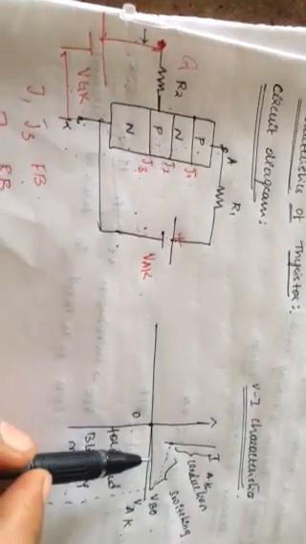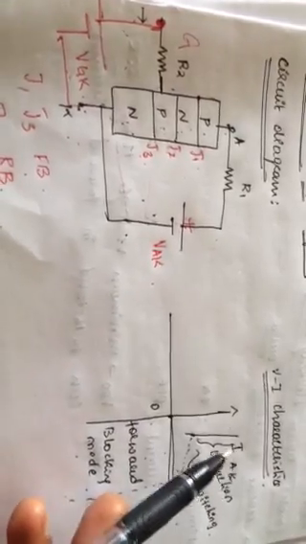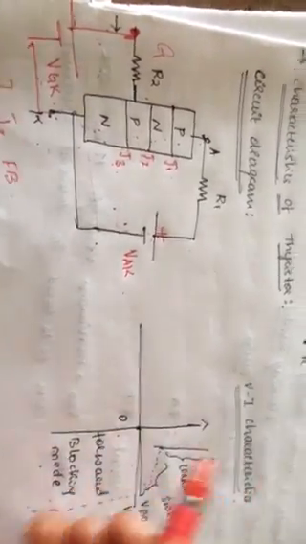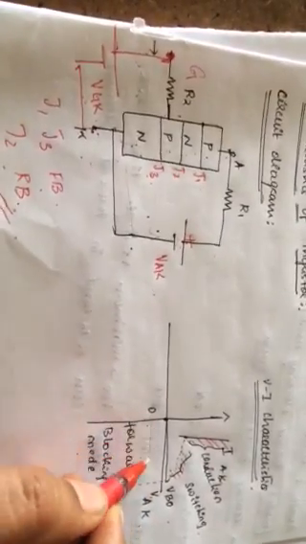The switching mode is the time taken by an SCR to change from the blocking state to the conduction state. So this part is known as the conduction state, whereas this part is known as the switching state, and this part is called the blocking mode, that is the forward blocking mode.